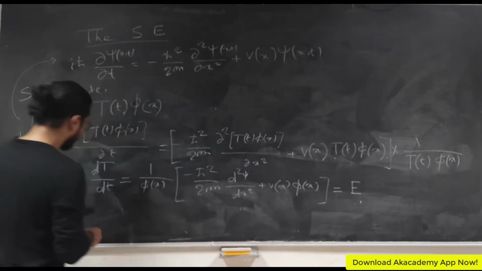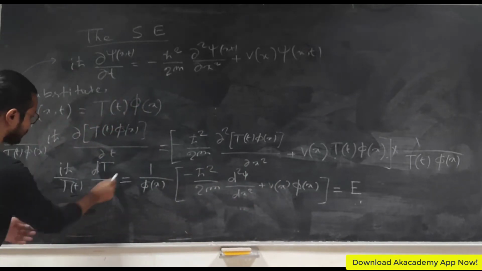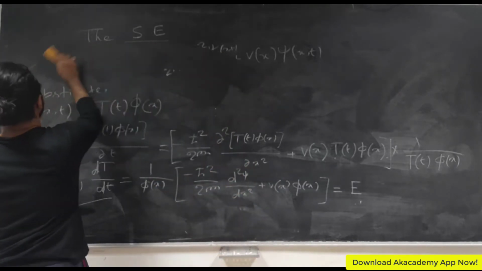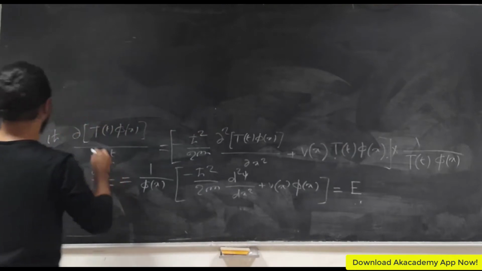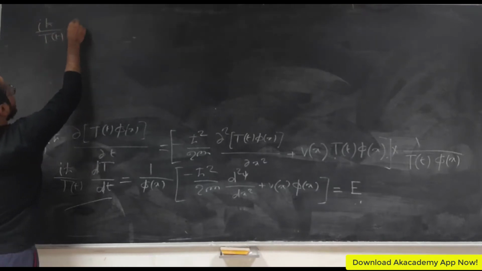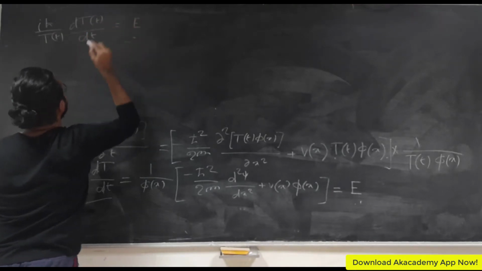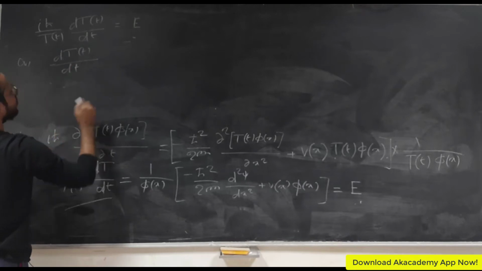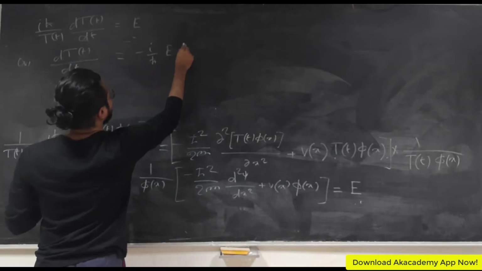So this side is equal to E and the other side is also equal to E. Let's write down the time part first: i h bar over T dT over dt is equal to E, or dT over dt is minus i over h bar E T as a function of t.